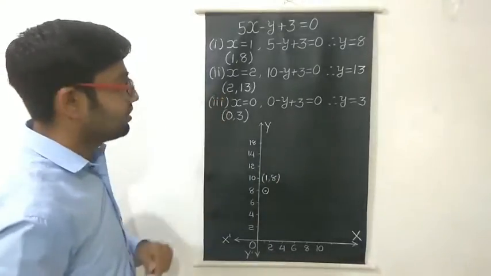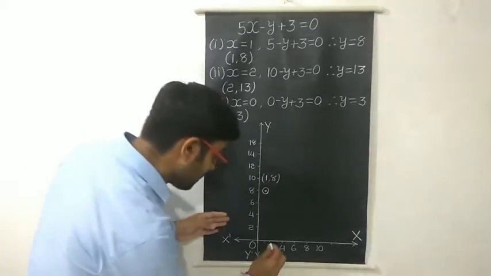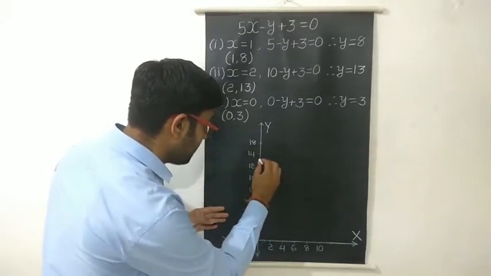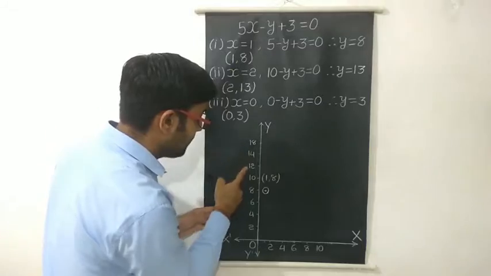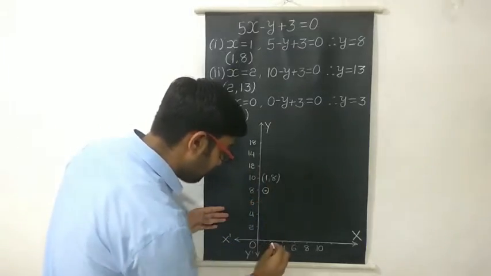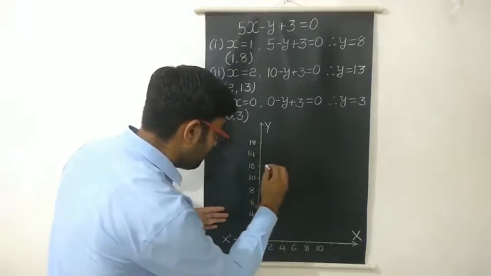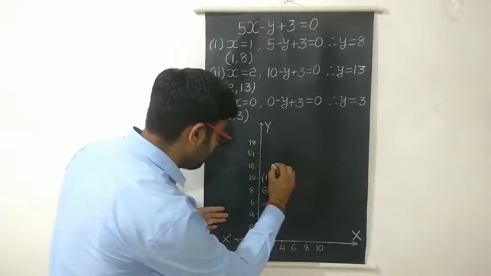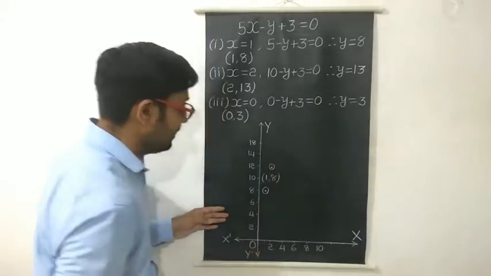Now the second point is 2, 13. 2, 13 means this is 2, and 13 is after 12, in between 12 and 14. So here we get 2 and 13. So here we get the second point, right?